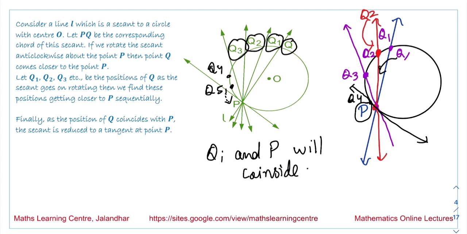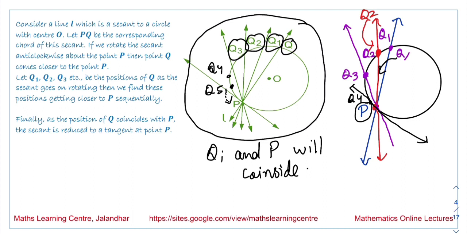In terms of this figure, consider a line L which is a secant line to the circle with center O. Let PQ be the corresponding chord of this secant.